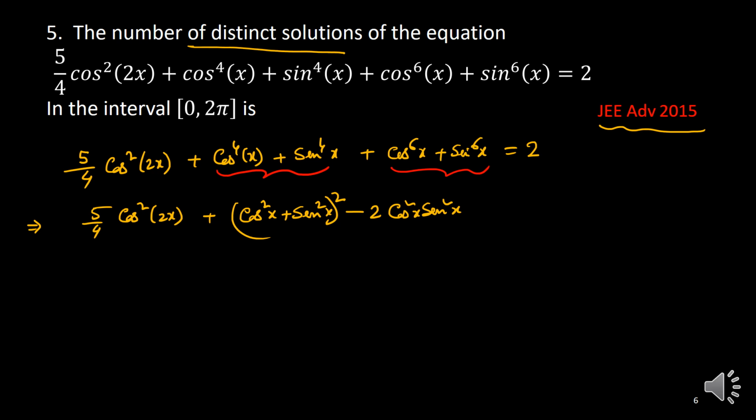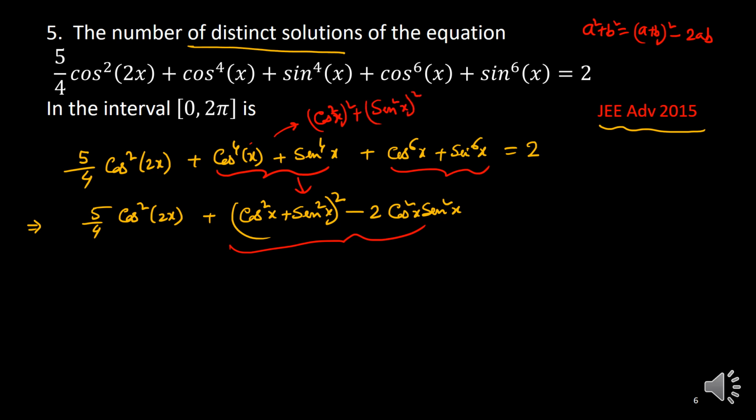This is the whole thing for this one. Is it right? Because here we have used a square plus b square equals a plus b whole square minus 2ab, so I have written cos square x whole square plus sin square x whole square.